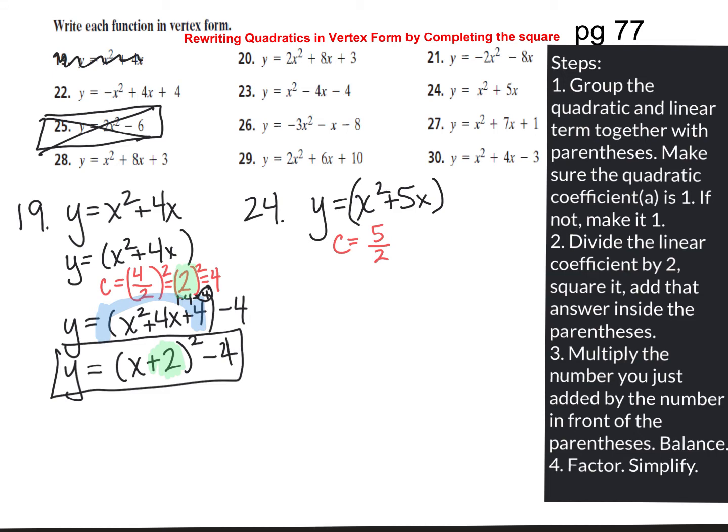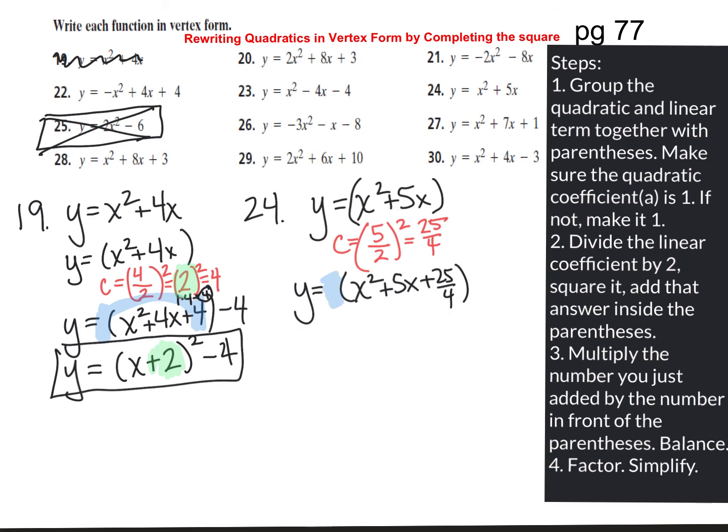5 will not divide by 2 evenly, so I'll just go ahead and square this and get 25/4. And then I'm going to add 25/4 inside the parentheses. So y equals the quantity x squared plus 5x plus 25/4. Then I'm going to multiply the number that's out here.